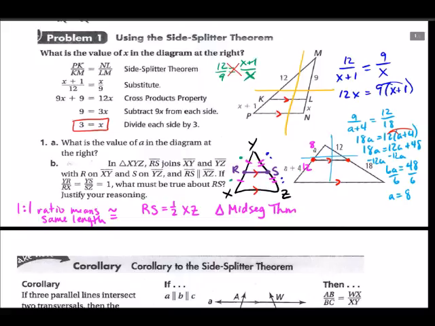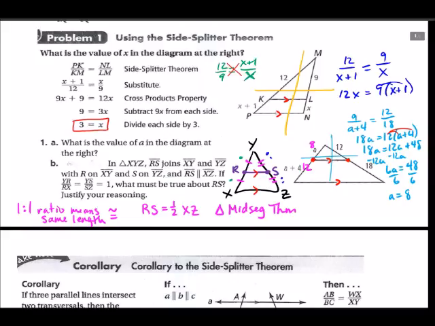So if they're the same length, then they are congruent. And if they are congruent, R and S are the midpoints, and we can use the triangle mid-segment theorem to say that the length of RS is half of the length of XZ. So that took some thinking and some remembering. Hopefully you saw it, or at least now you're going, yes, that makes sense.